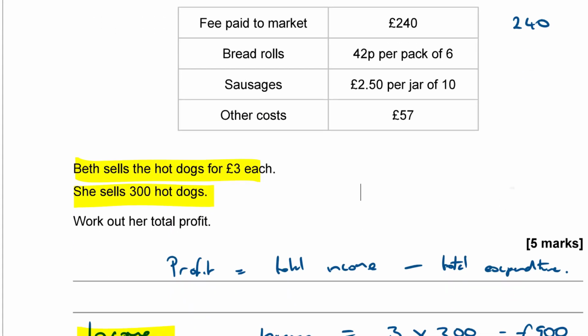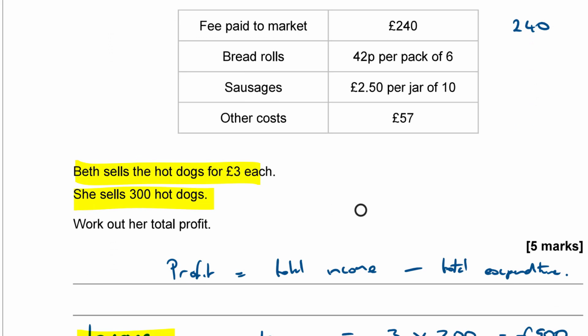If she's made 300 hot dogs, and bread rolls are in packs of 6, then what's 300 divided by 6? 6 into 300 goes 50 times, so she's going to need 50 packs of those bread rolls. So that's going to be 50 times 0.42.